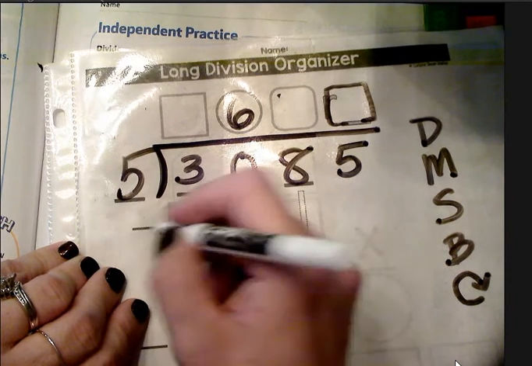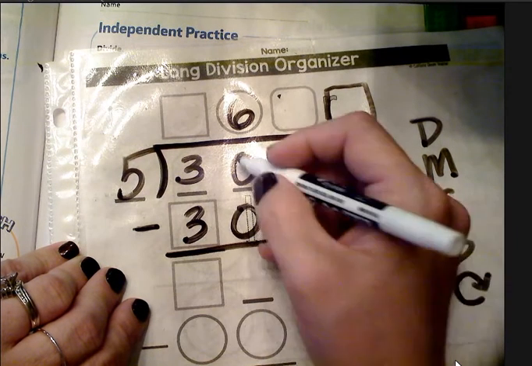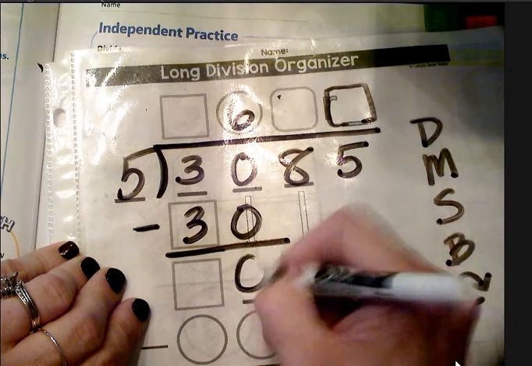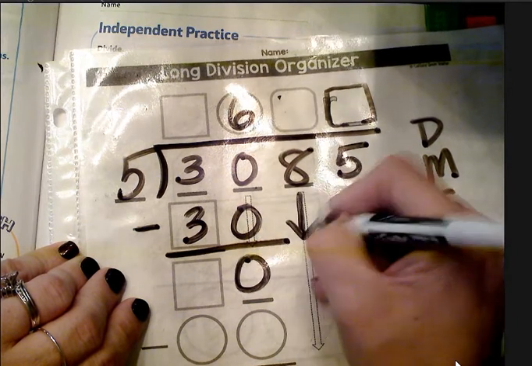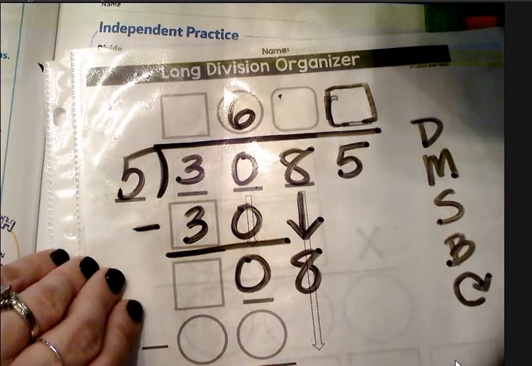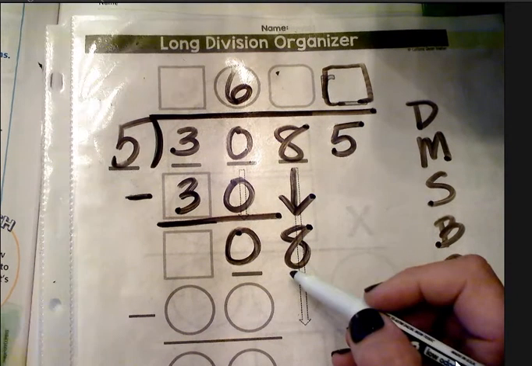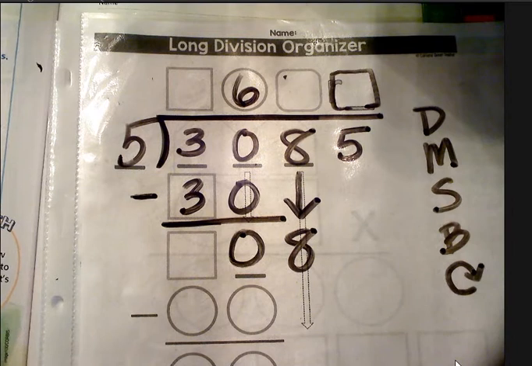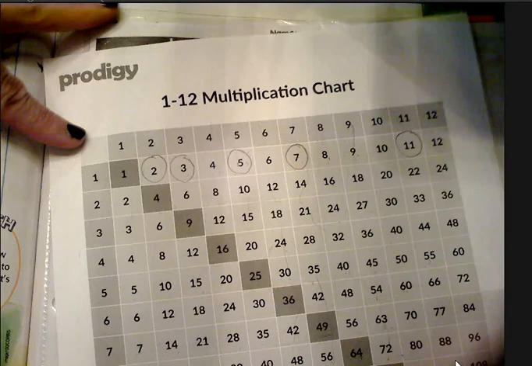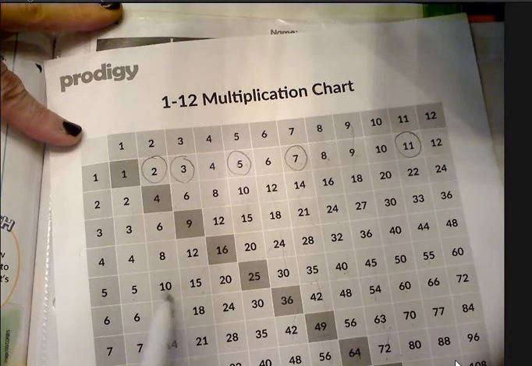Now I subtract. 30 minus 30 is 0. Bring down an 8. How many times does 5 go into 8? Well, we've got to find something less than or equal to 8. Yeah, it's just 5 times 1. 2's too big. So we put our 1.